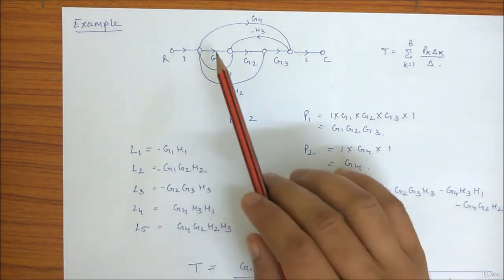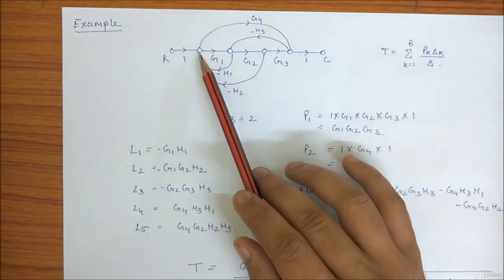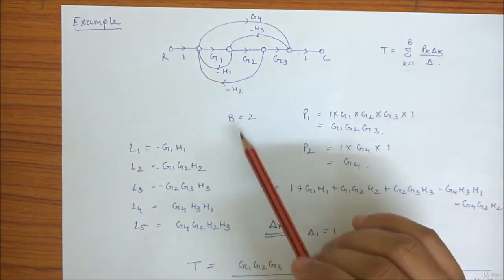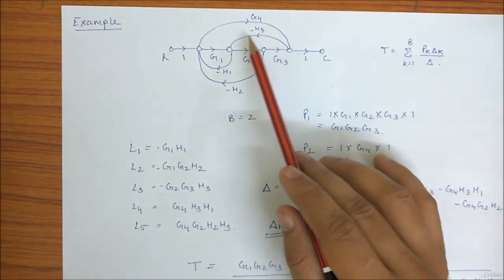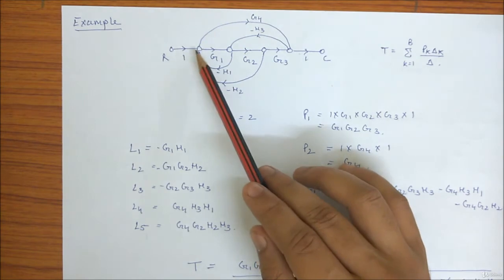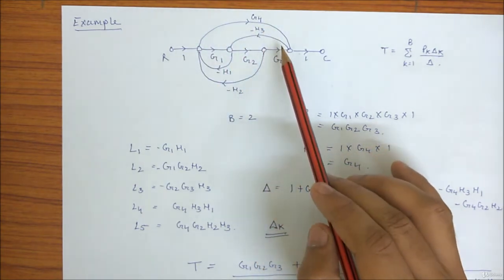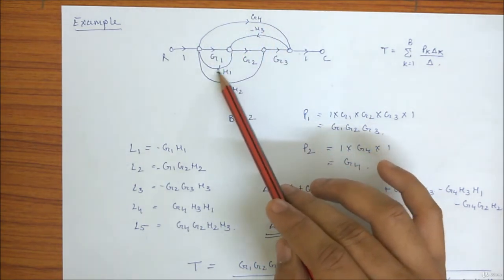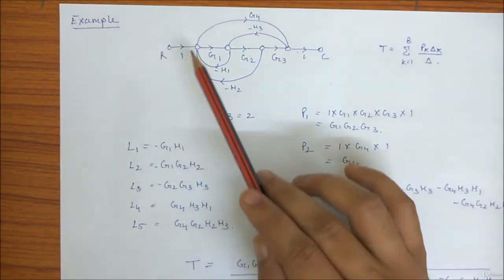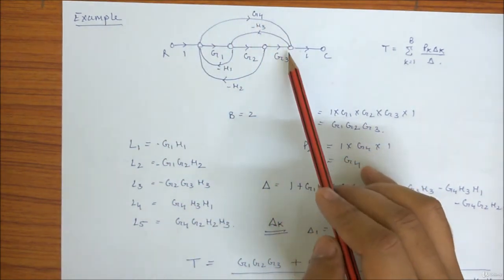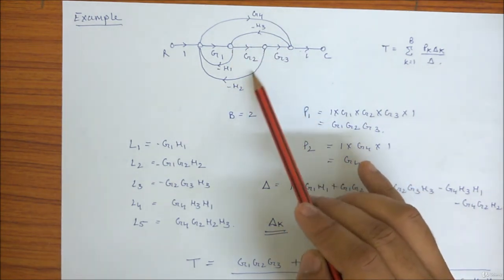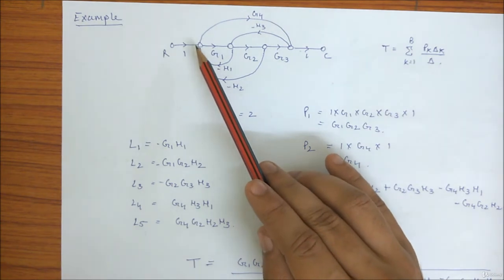So see, this is one loop, L1. This is one loop, L2. This is one loop, L3. This is one loop, L4. Then this is one loop. I hope you got it.